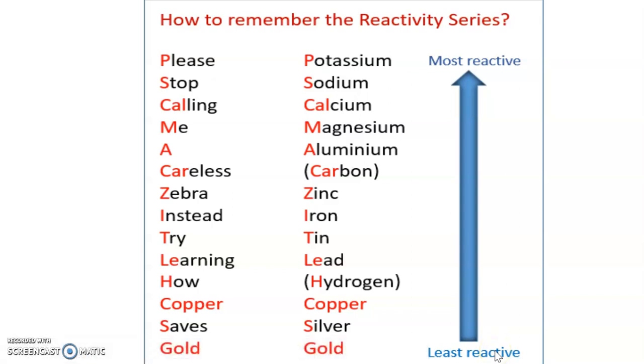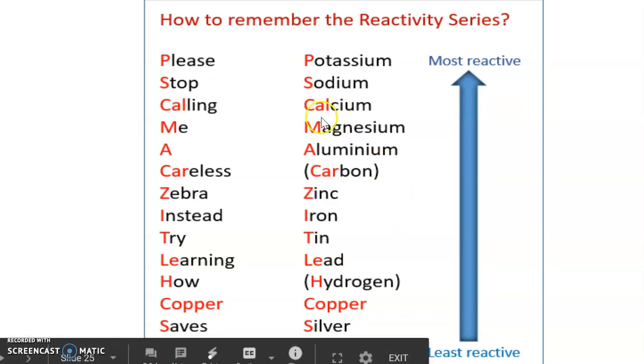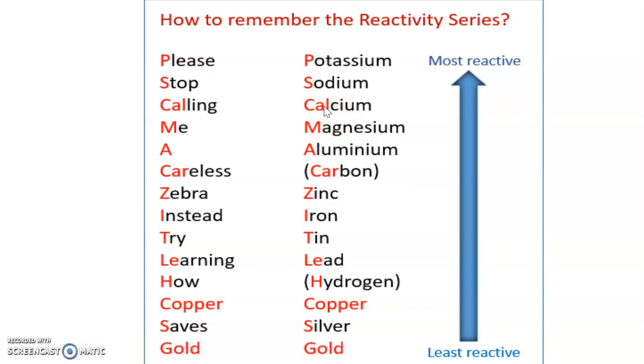So now by looking at this arrangement we can judge and we can say which element can displace another element from its compound. For example, if I take the example of calcium and magnesium, right? So calcium is at top and magnesium is at bottom.